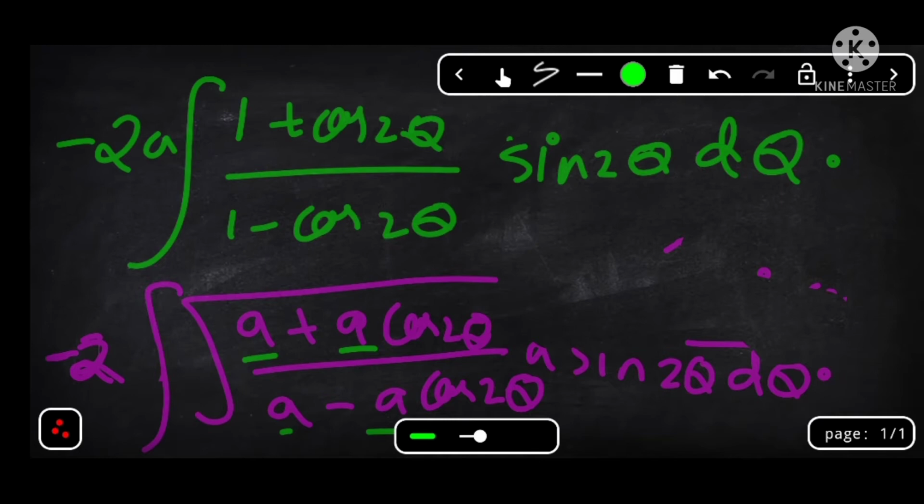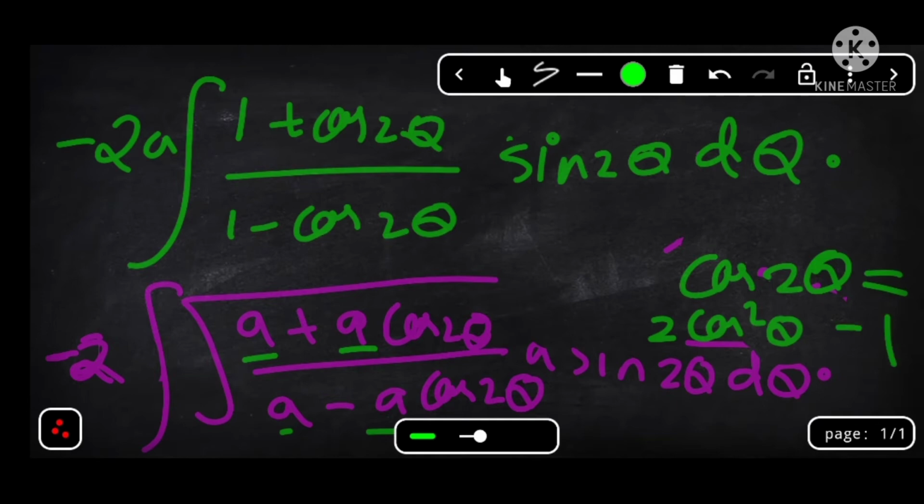Okay, so now cos 2 theta is equal to 2 cos square theta minus 1. Okay, so if we replace the cos 2 theta part with this one, what are we going to get? Let's see that.